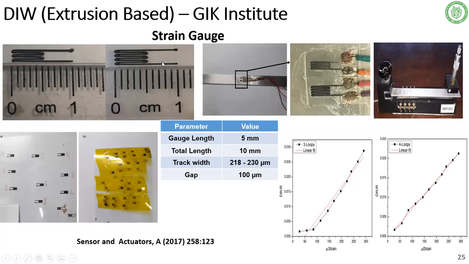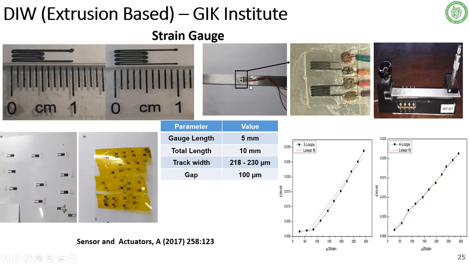Now, this is a strain sensor. If you see, previously it was 5 centimeters, and we reduced the size. The sensor area is 5.5 centimeters, whereas the total length is 1 centimeter. And we printed on different materials, on PET as well as on polyimide.